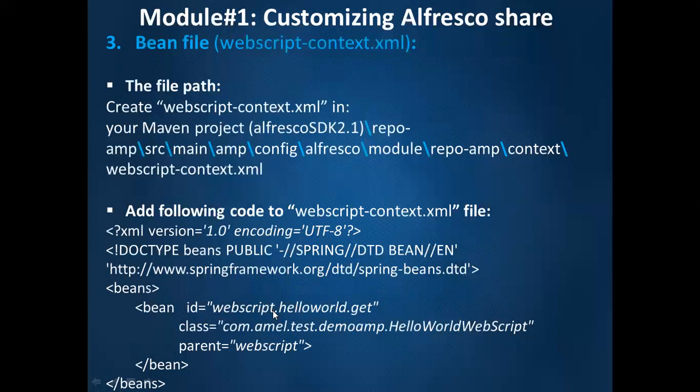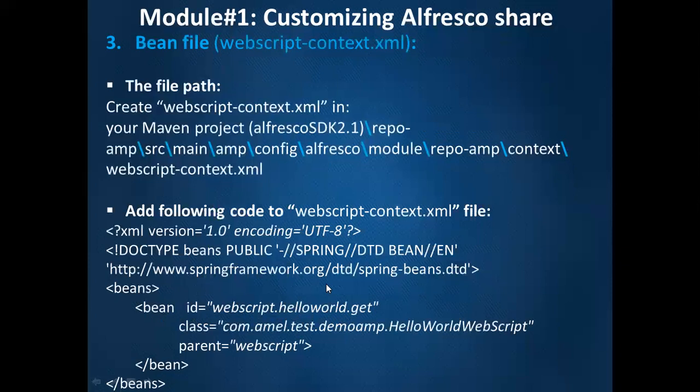The first part is webscript dot. Webscript should always be written here, because we are working with webscript. So when you work with webscript, the bean ID will be webscript.helloworld. Hello world, you should write your ID file here. In each file you gave hello world.